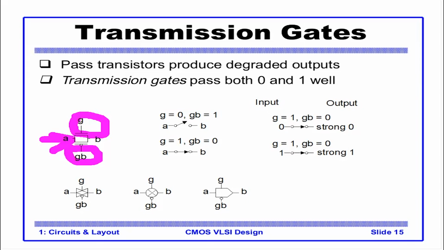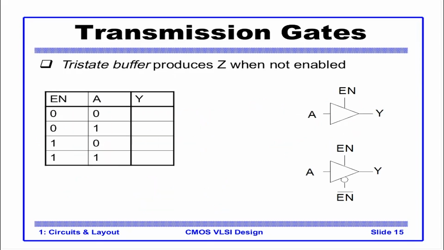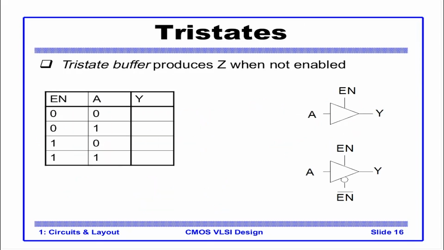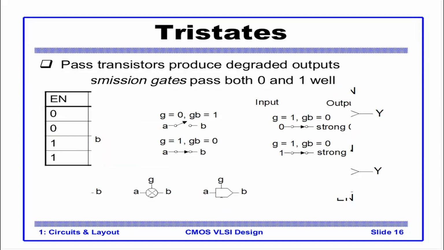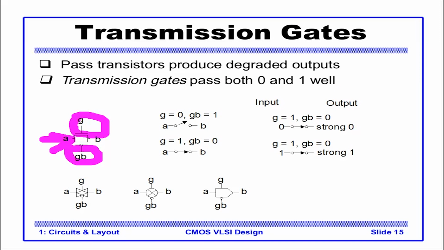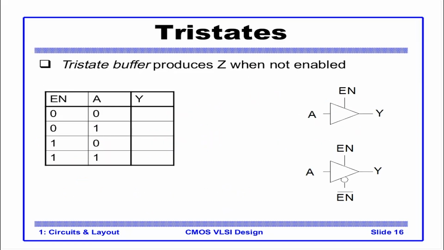Now we realize that a transmission gate can be a good switch. Let's see how we use it to make big circuits. One of the most famous circuits is a tri-state buffer. In fact, the switch we saw here is nothing but a tri-state buffer. A tri-state buffer has an enable pin, so the G is now labeled as enable, and both enable and enable complement are available.